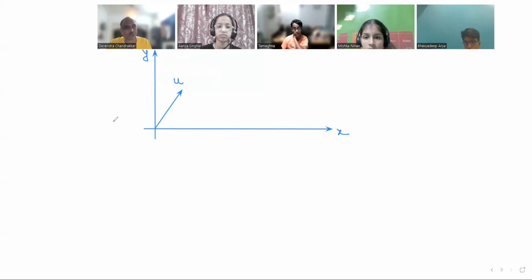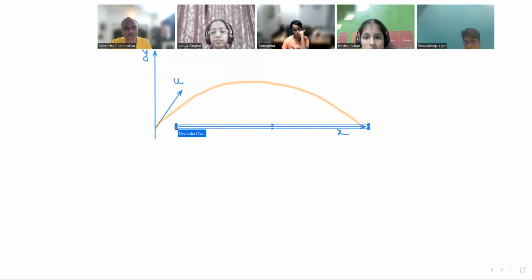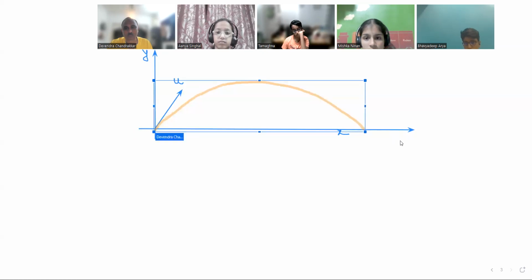This thing, it followed a trajectory and fell on the ground. ठीक है?